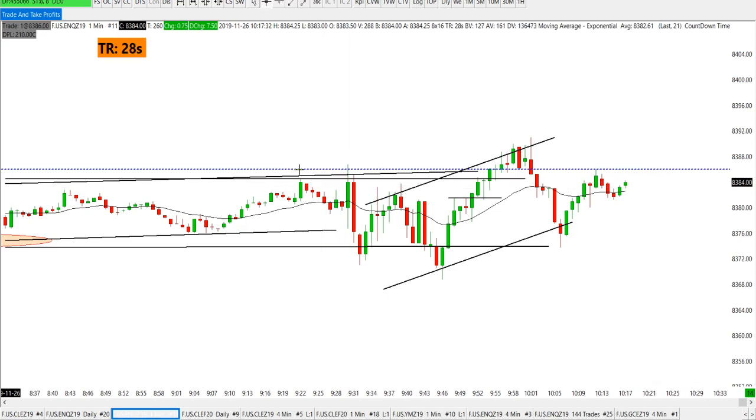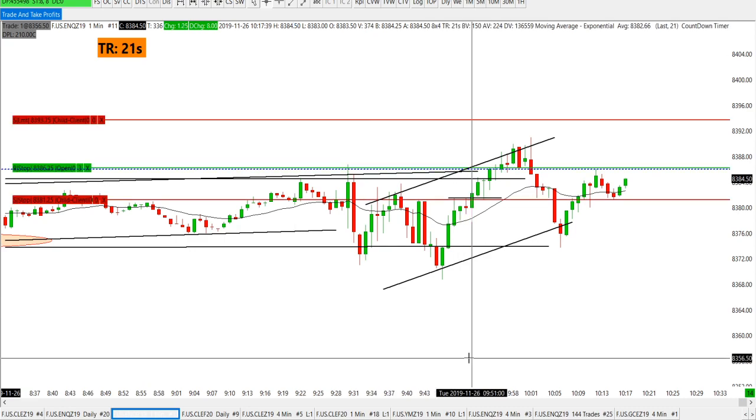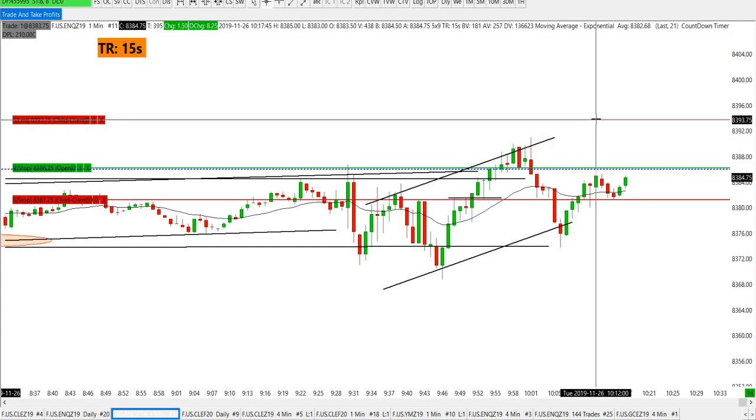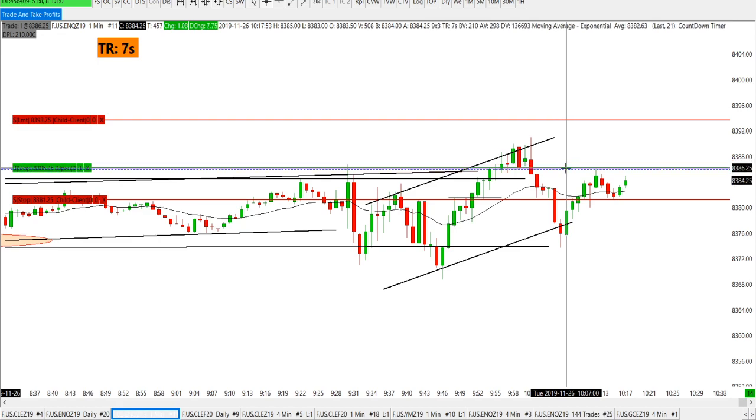And it looks like the smart money wants to come in. So they give me no choice to basically buy this top.